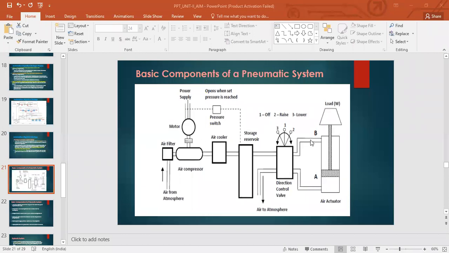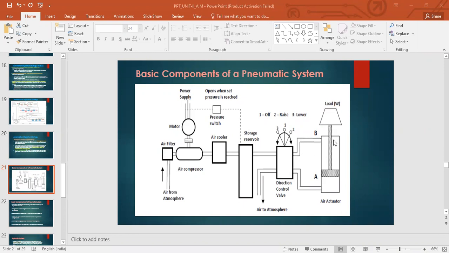So if there is more pressure here, if the control valve has sent the air to B, then that compressed air will fill up this volume and apply a pressure on this side of the, let us call it a piston. So when there is pressure here, it will try to move down, right? So that's basically lowering of it.